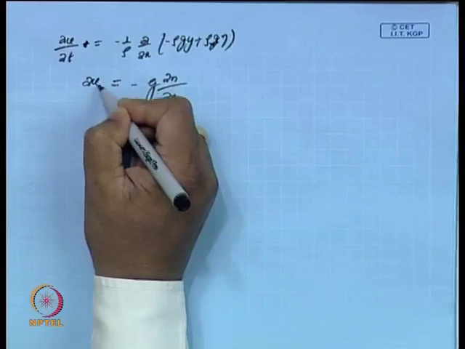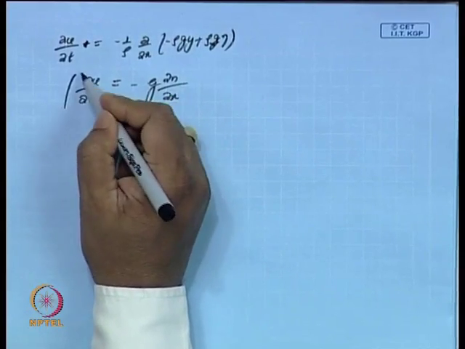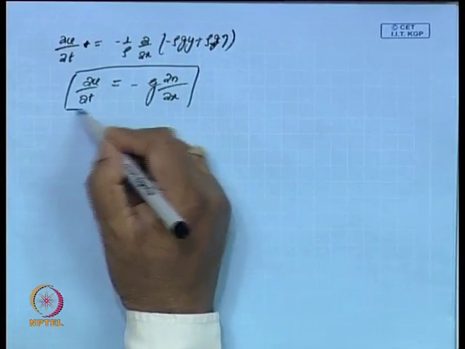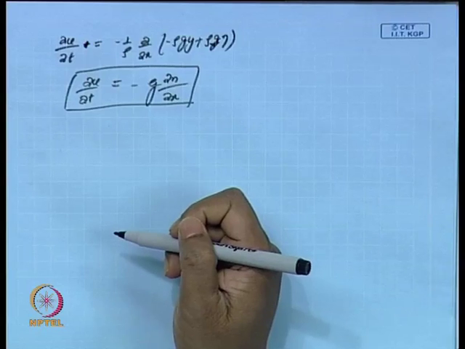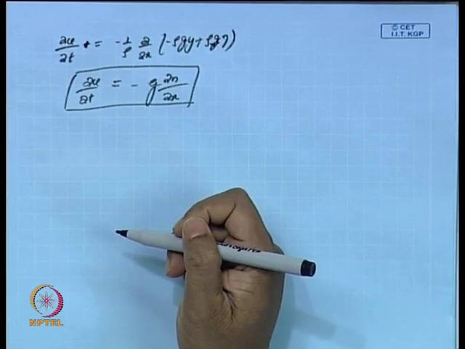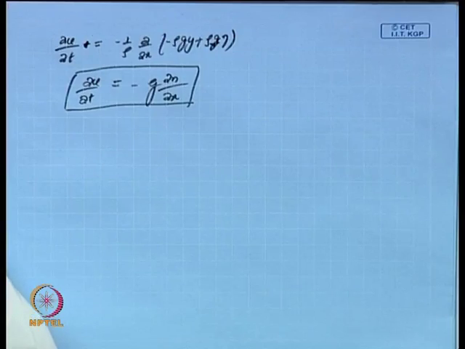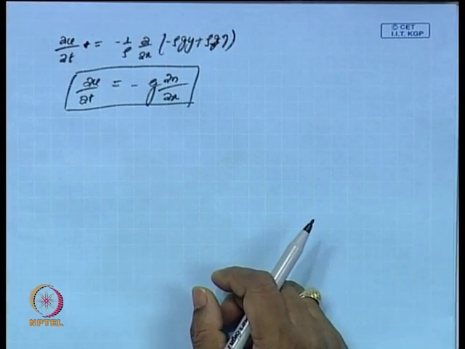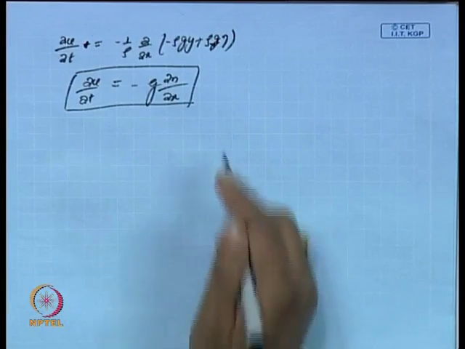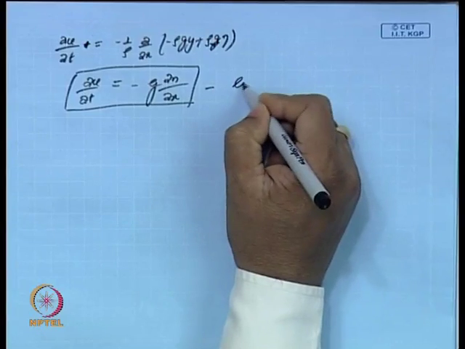So, that gives me del u by del t is equal to minus g into del eta by del x. So, this is the linearized long wave equation of motion.